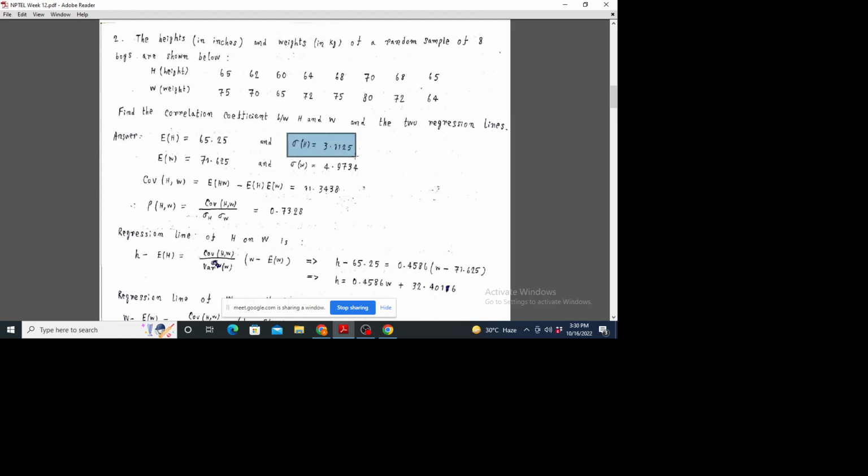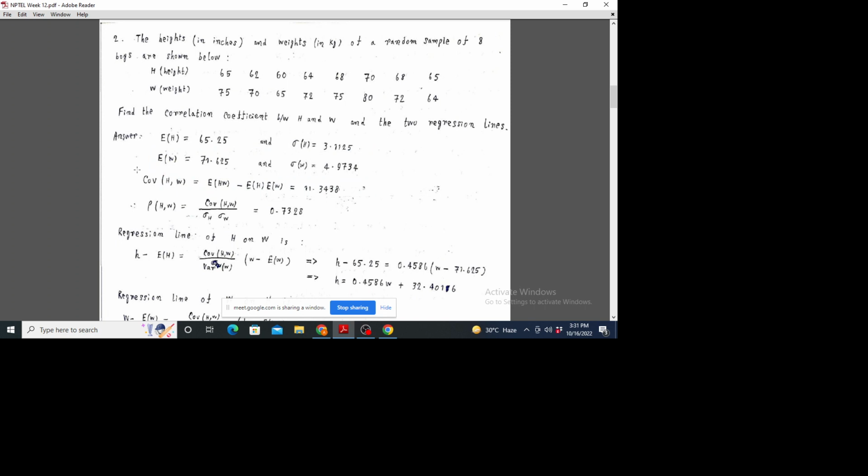Take the square root of the result, which is the square root of the variance, and that gives sigma h. Similarly, repeating the same procedure for weight, you get these results: E[W] is this and sigma W is this.